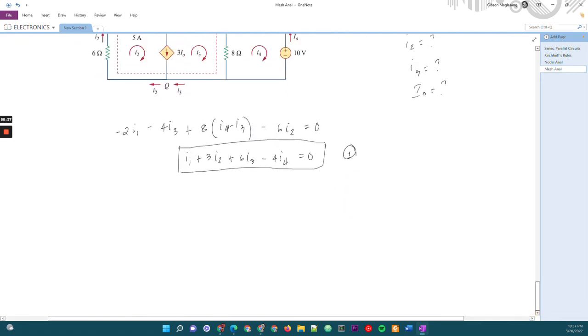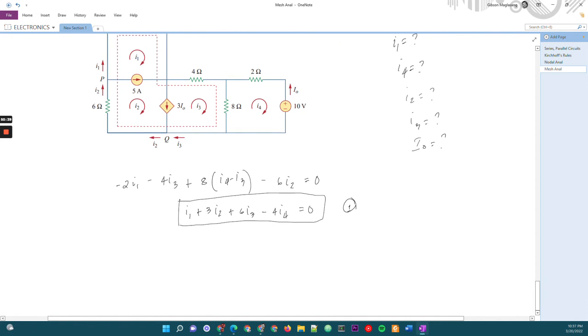Okay? Next, we apply KCL at point P. So at node P, apply KCL, we get I2 equals I1 plus 5.